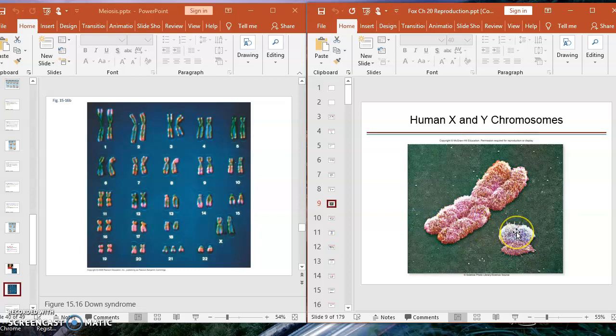The Y chromosome could not have anything really, per se, important for the development of life itself, because then, think about it, the female would be at a disadvantage because she wouldn't have those genes.